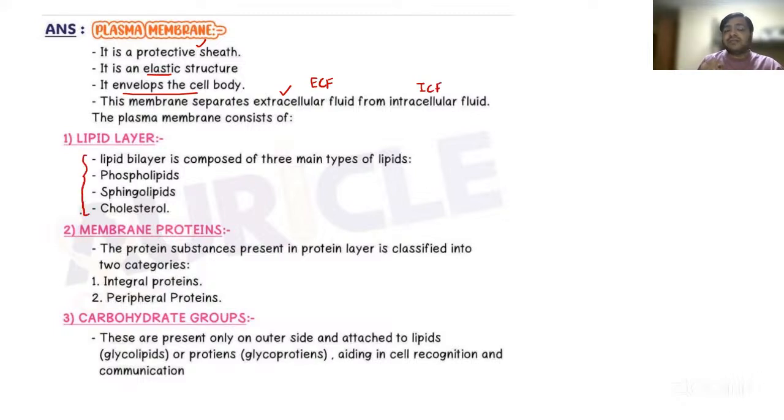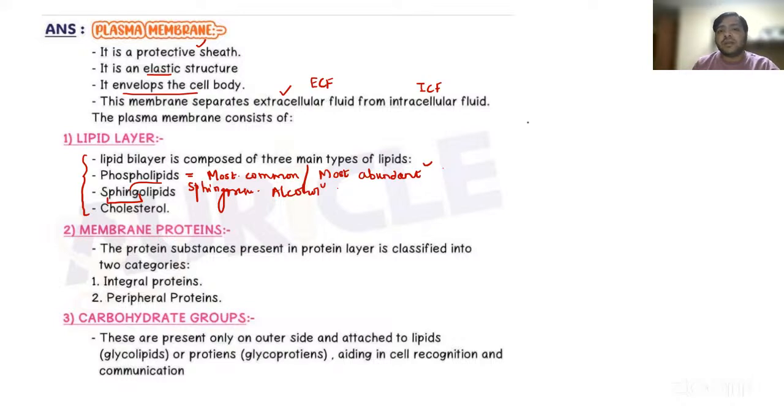Now, there are various lipids like phospholipids, sphingolipids, and cholesterol. Remember, phospholipids are the most common lipid found in the cell membrane, and when I say most common, it is the most abundant lipid also. Now, when I say sphingolipid, the sphingo basically means sphingosine. Sphingosine is nothing but an alcohol.